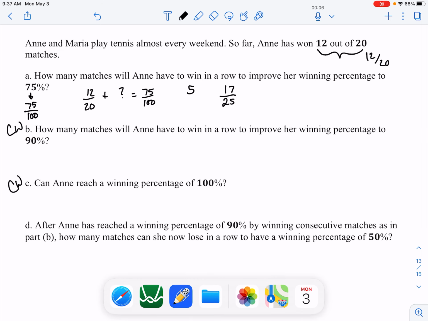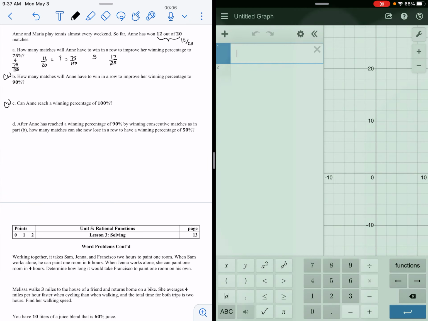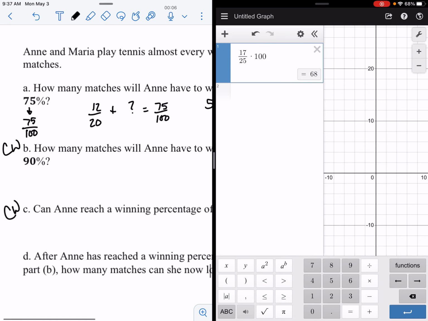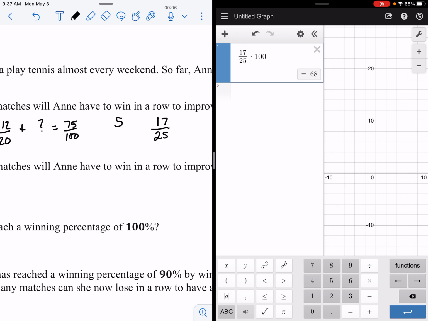And then I want to see how close 17 out of 25 is to 75%. So 17 out of 25 gives me 68%. So that's not enough.